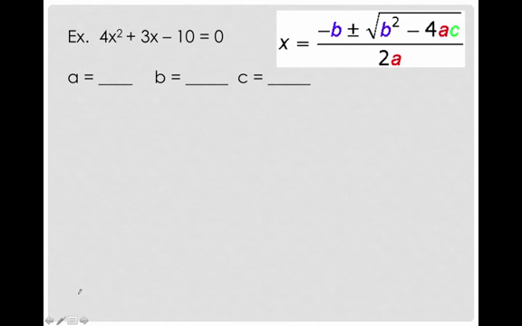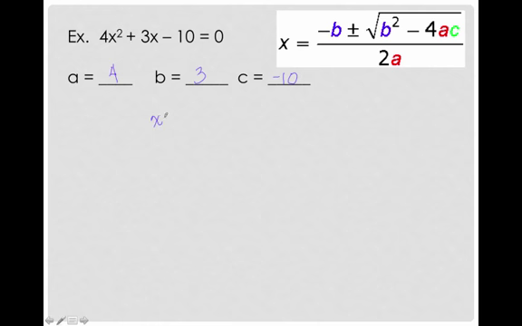So notice I've got my quadratic formula. Remember, you can find it on our charts. So all I'm going to do is plug in my values. For a, my value is 4. For b, I've got a value of 3. And c, I've got a value of negative 10. And I'm going to take those values and plug them into my quadratic formula.